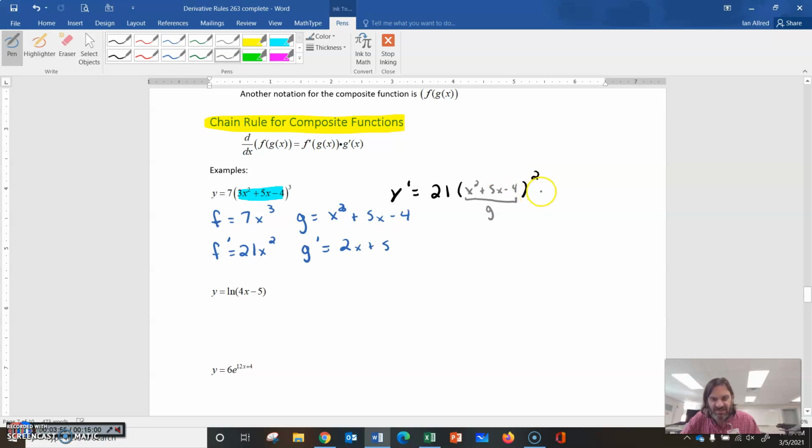And then at the end of this, I'm going to tack on g prime, which was 2x plus 5. Now with that, I can make some cleanup. I can do some distributive property, combine things if I like, but I'm just going to leave it there so that you can see it in its nicest, cleanest form before anything else happens to it. This is the calculus part of it. Anything else we do would be an algebra part.